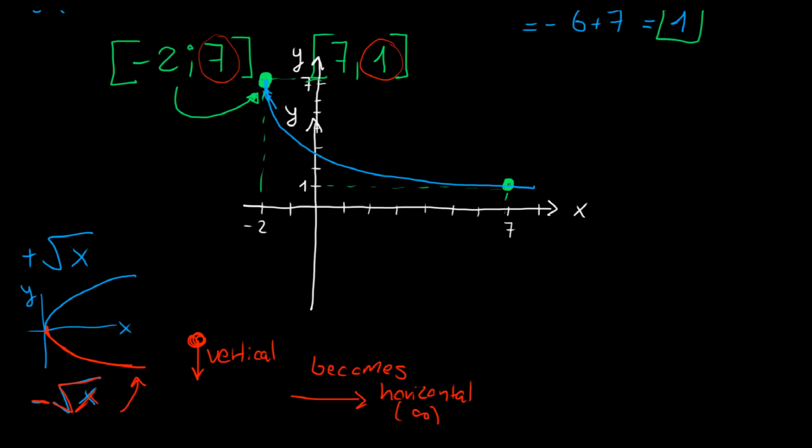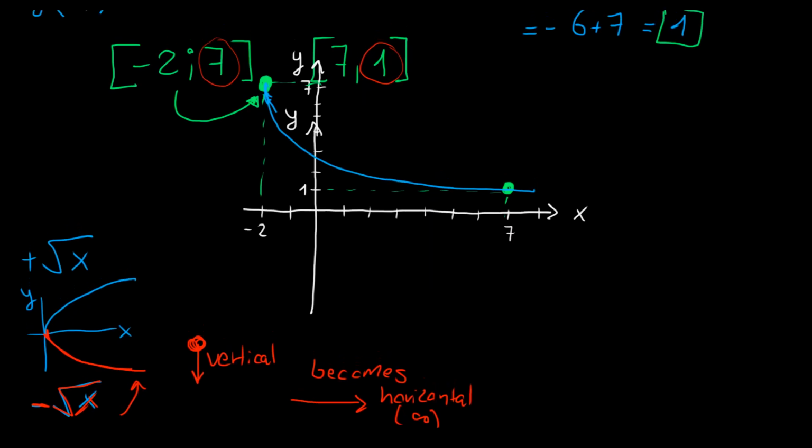Now, let's determine the domain and the range of this function. So the domain focuses on what x values the function can be expressed in. And as we can see, it goes from -2 all the way.